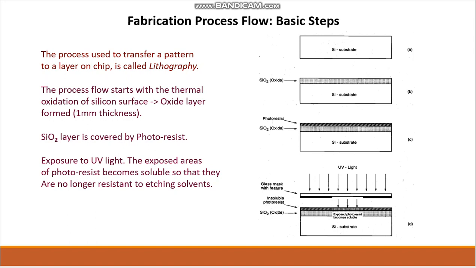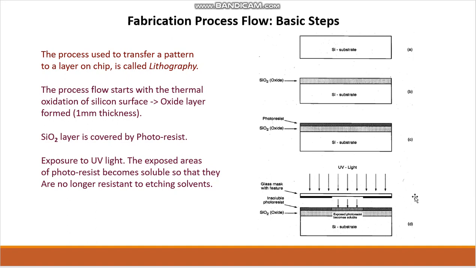This is followed by other steps, such as the application of photoresist, which is generally of two kinds, hardened and softened photoresist. Then, in figure D, as you can see, the whole setup needs to be incident to UV light.